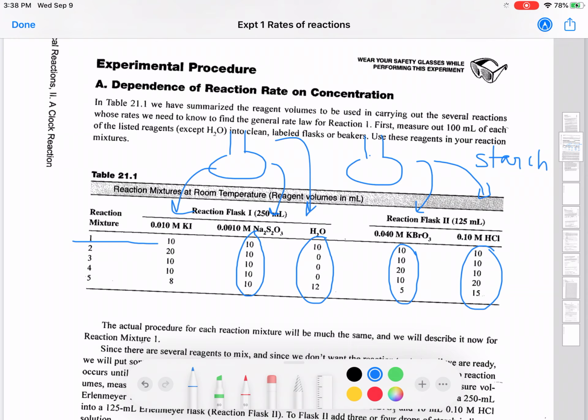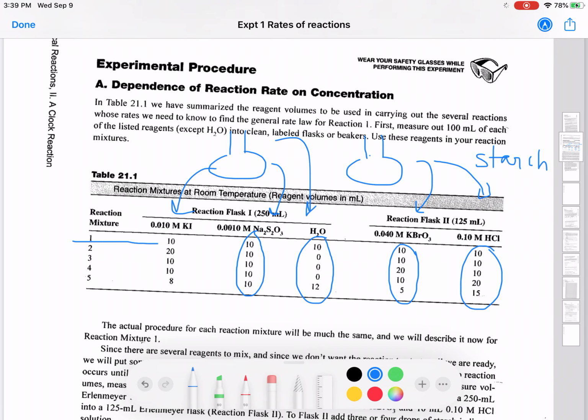Our goal for this reaction is to find out the orders of the reaction. The order could be zeroth order, first order or second order. For a zero order reaction, no matter how much you change the concentration of a particular reactant, the reaction rate will not change.